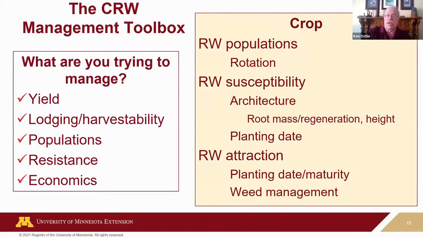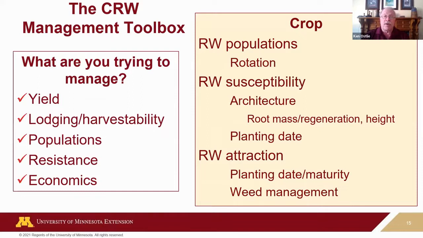And just a quick overview on management. The critical thing that growers need to keep in mind is that what you're trying to manage has a bearing on what options are going to look best for you.